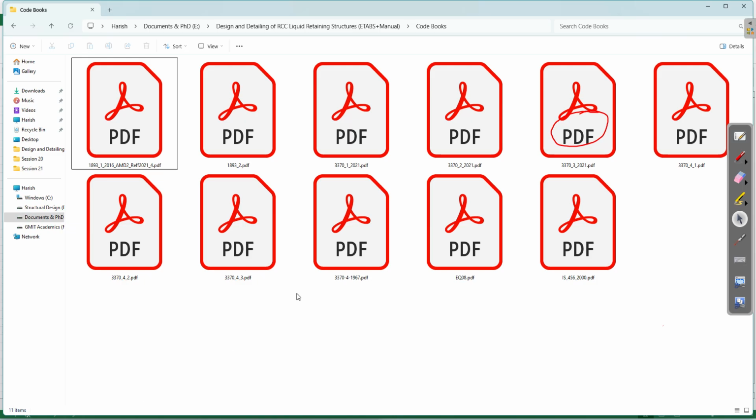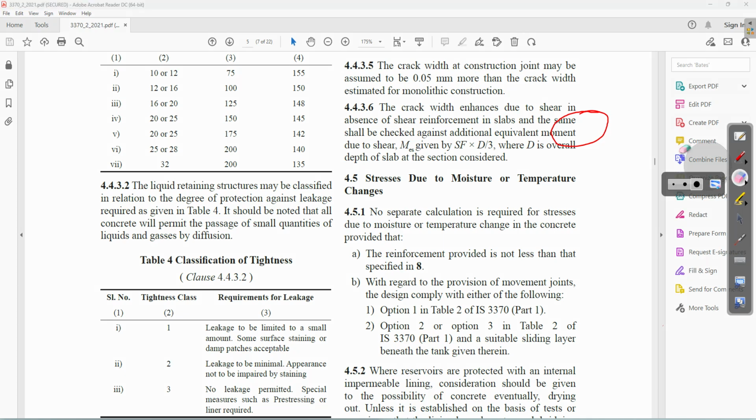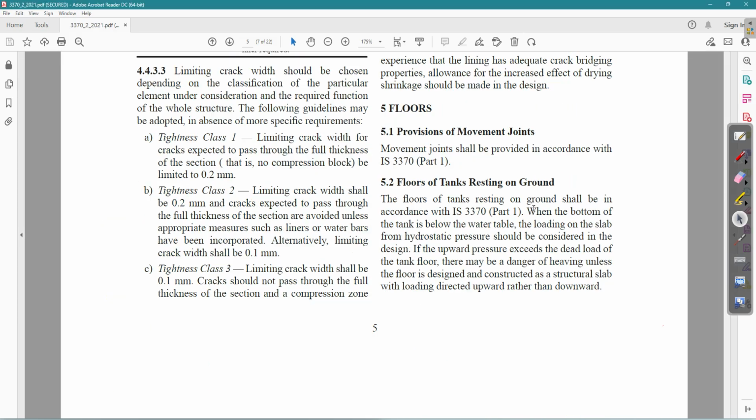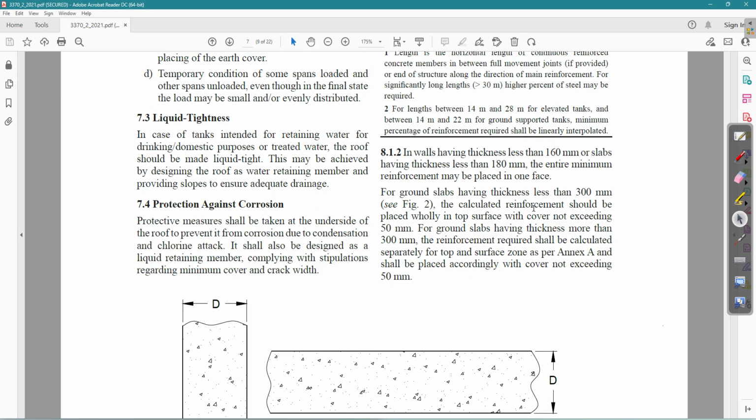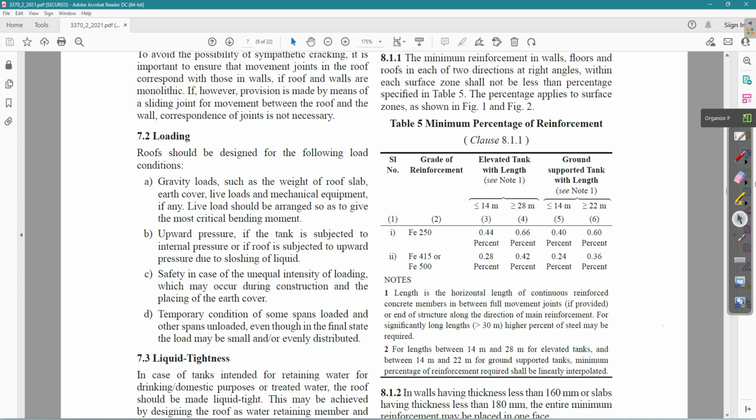IS 3370, I think part 2. So if you open part 2, here, yes, table 5.